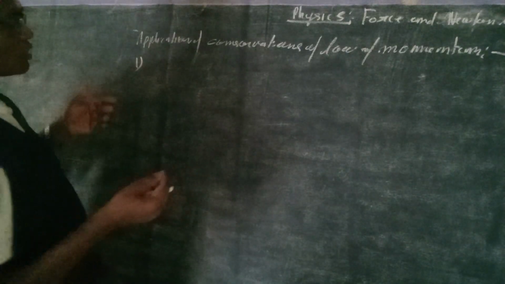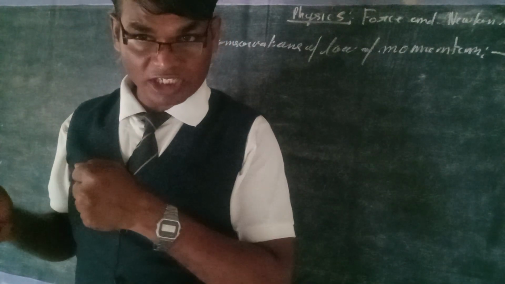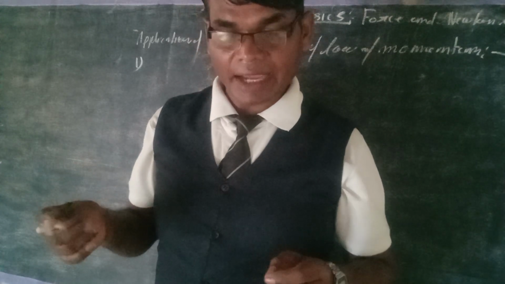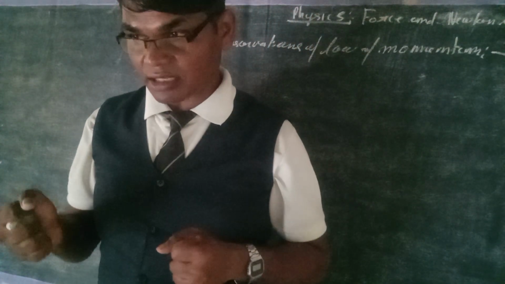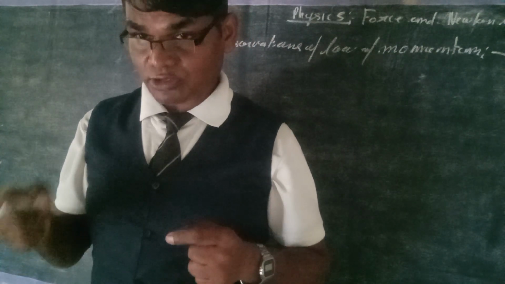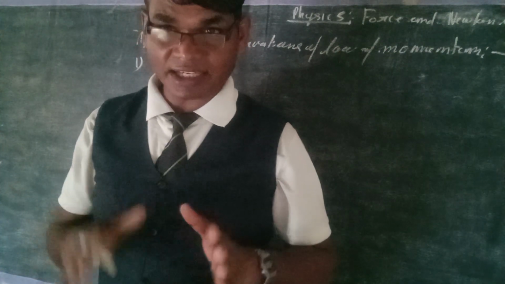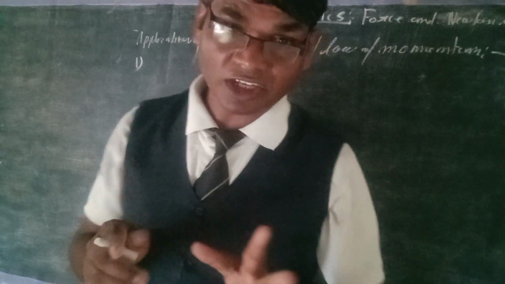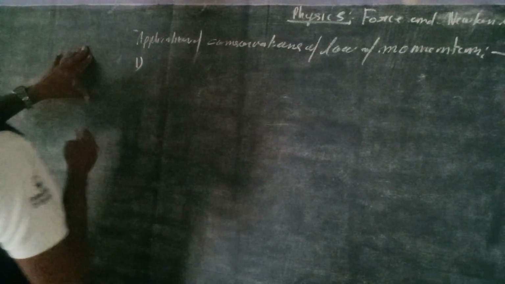Due to the recoiling of the gun, we have to keep the gun tightly on our shoulder, because a force in the just opposite direction, a momentum, also acts on it. One by one we will try to understand. The first example is the recoiling of the gun.